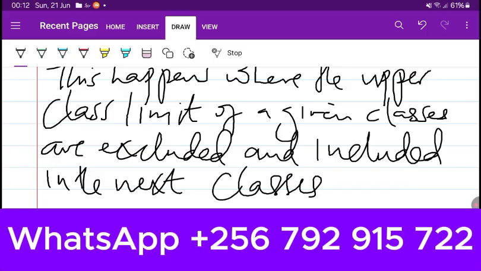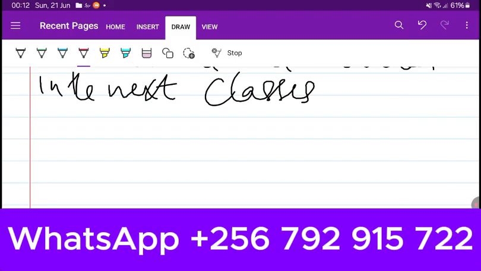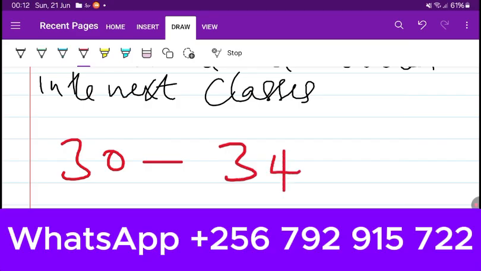So each class consists of a range of values. Now, the smallest value that could go in a class is what we call the lower class limit. Let me write a class here. If I've said 30 to 34, this is our lower class limit.